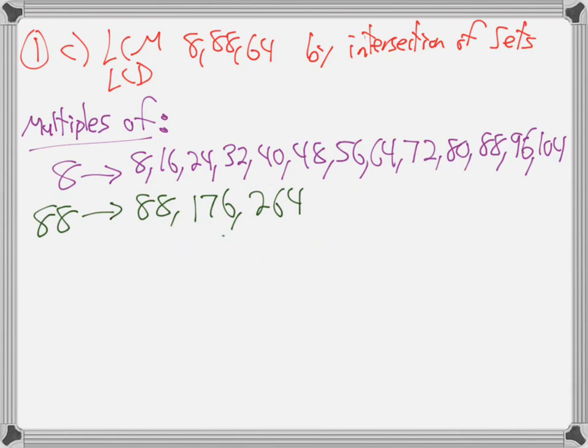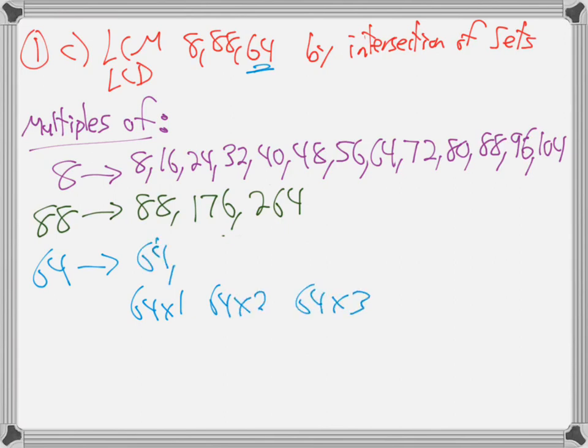Okay, and now do the next one, which is the last one, 64. Same thing, 64 times 1, 64 times 2, 64 times 3. So that'd be 64 times 2 is 128. Times 3 is 192.